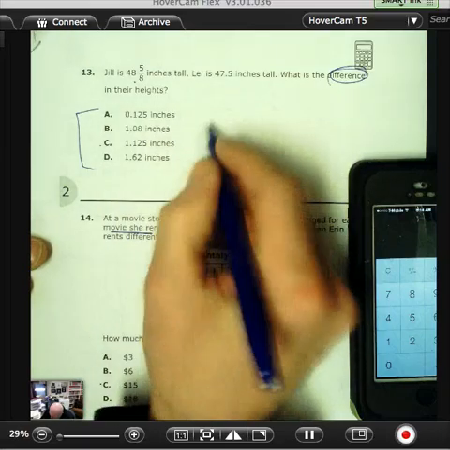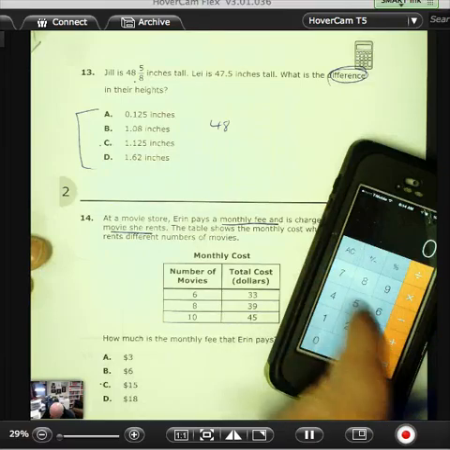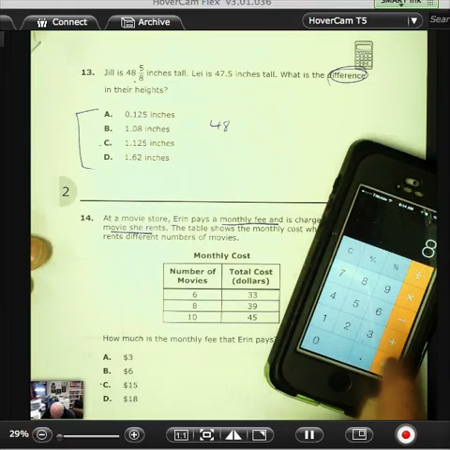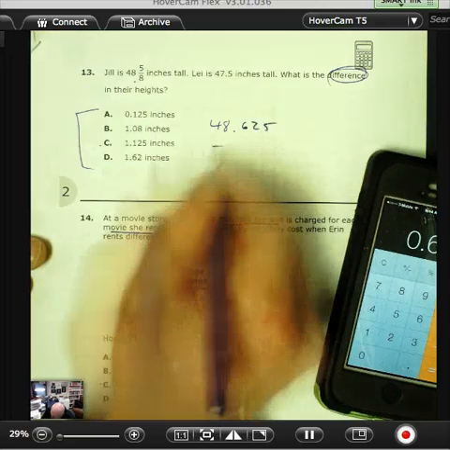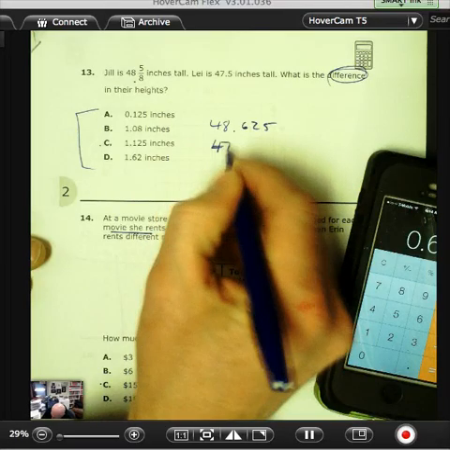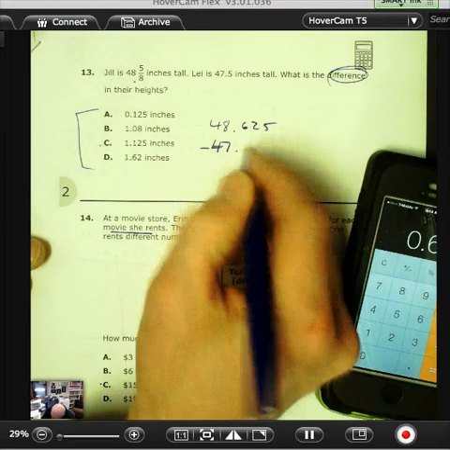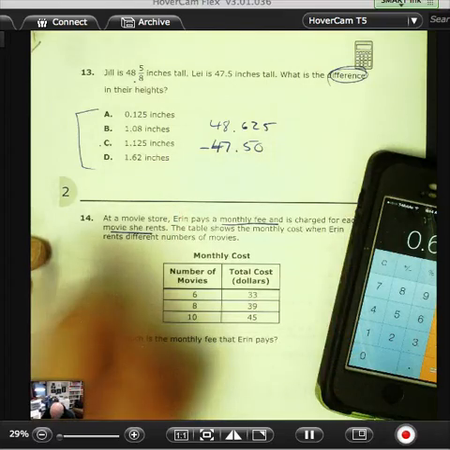So I've got 48, and I need to know what 5/8 is as a decimal. So 5 divided by 8 is 0.625, and then I'm going to need to subtract 47 and a half an inch, or 0.5 inches, and I'll just put that zero placeholder there.